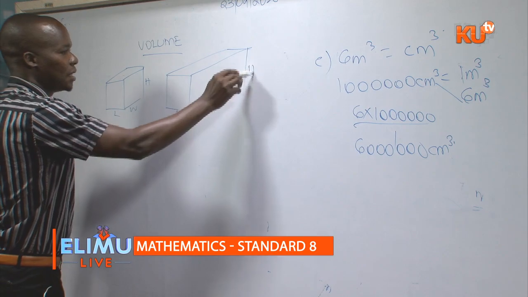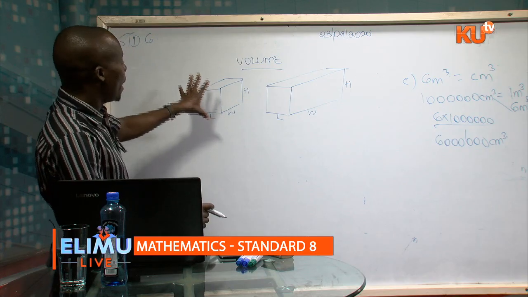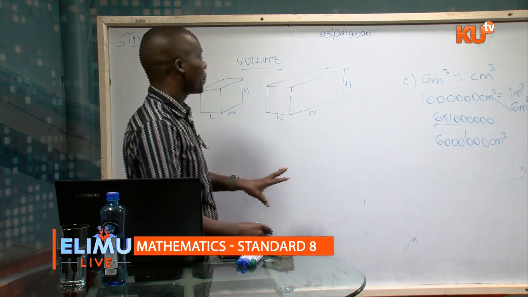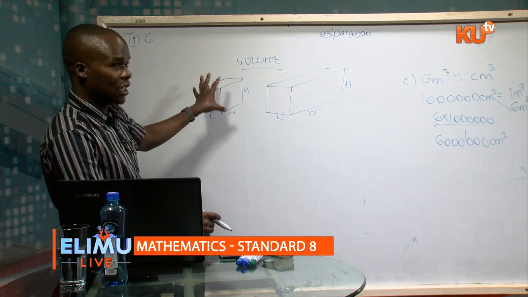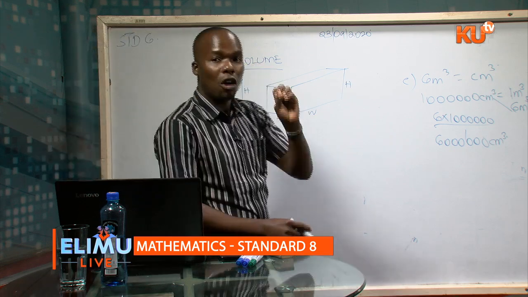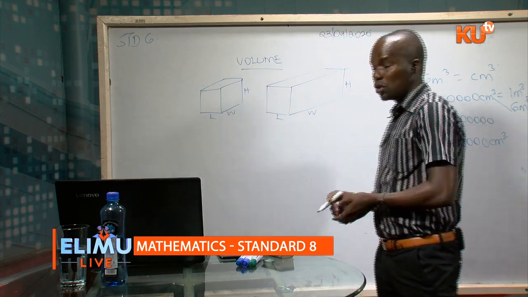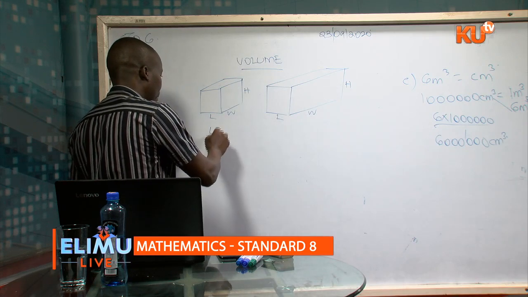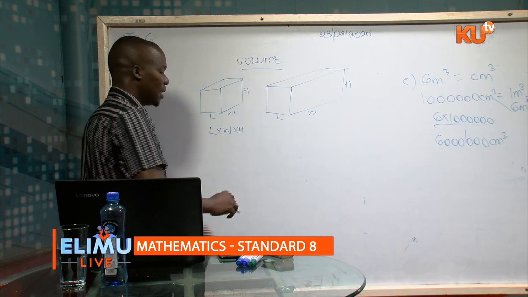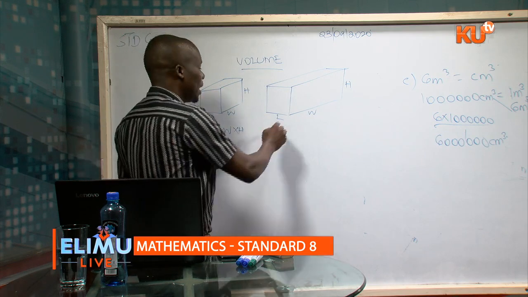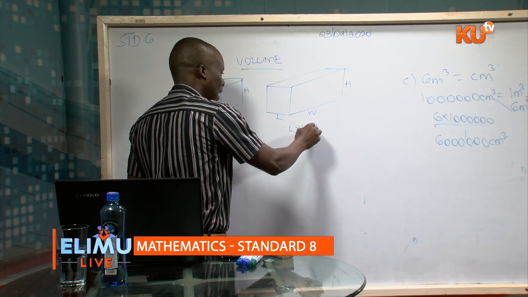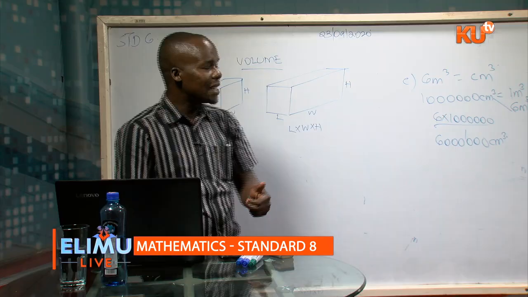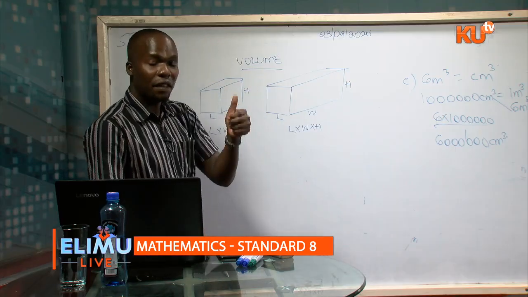What makes the difference is that a cube has all sides equal, but a cuboid might not have all of them equal, might have 2 equal. So, coming here, I said length by width by height gives us the volume of a cube. The same way, length times width times height will give us the volume of the cuboid. Depending on what we are given, we must always learn multiplying the 3 figures at once.